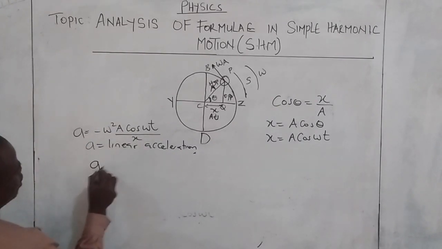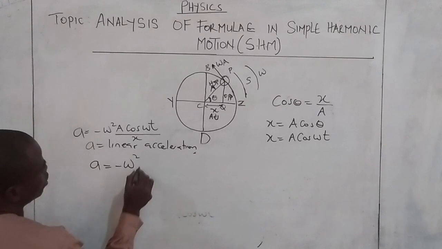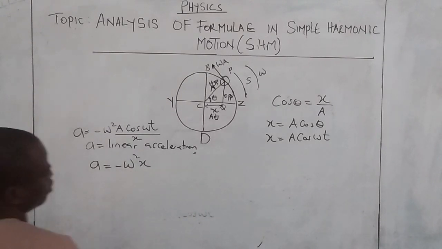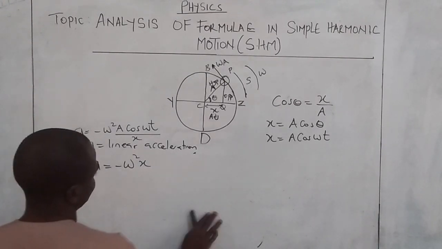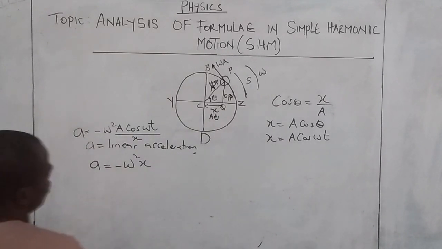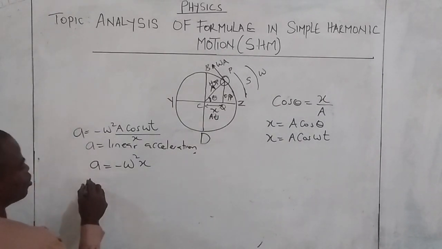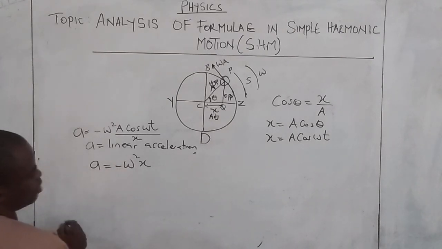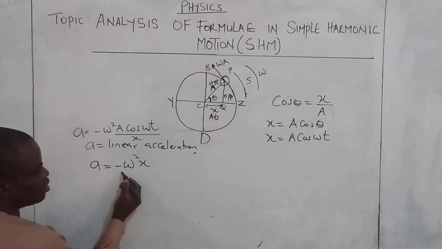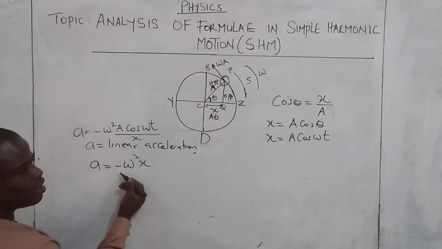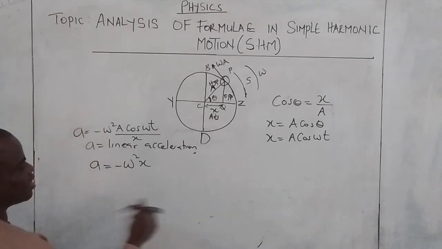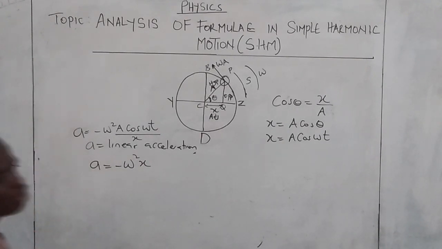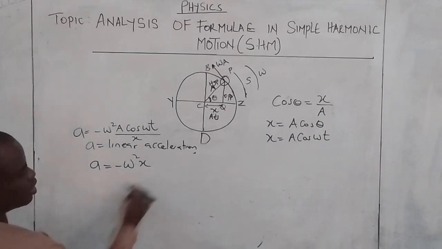Now our a in acceleration equals minus w squared x. From there, linear acceleration is the product of the square of the angular speed and the displacement. The negative sign shows us that the acceleration is directed towards the middle of the vibration, the center of vibration, while x is the measurement of distance outward.